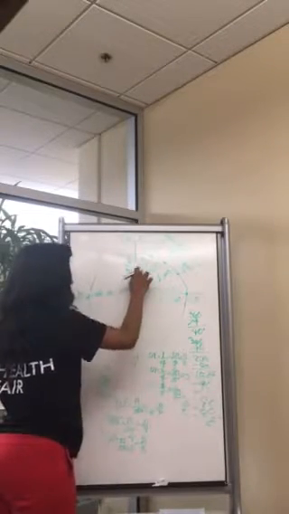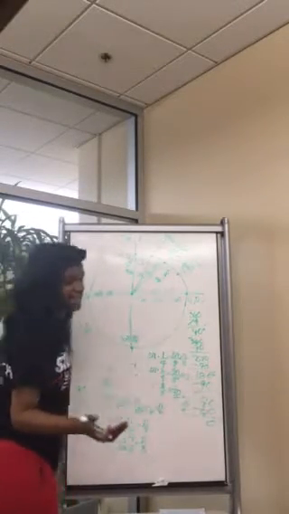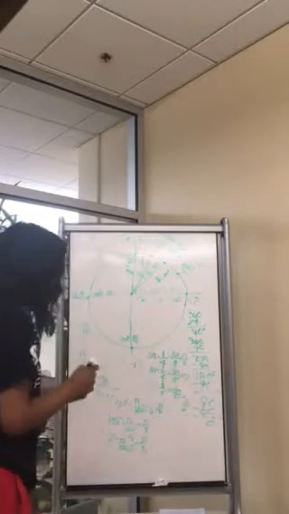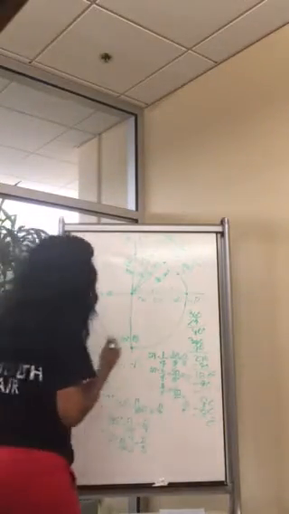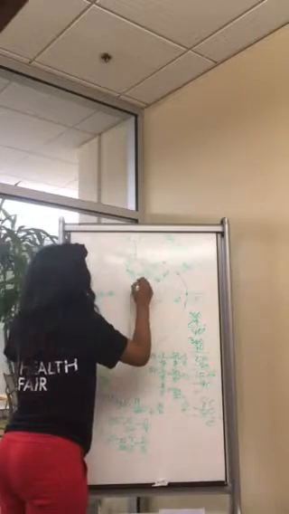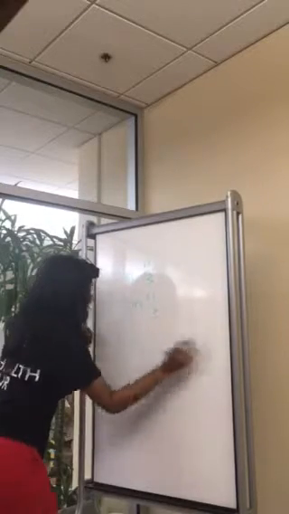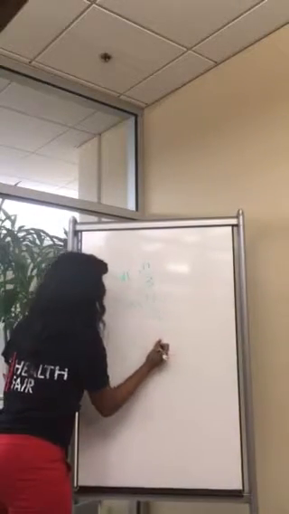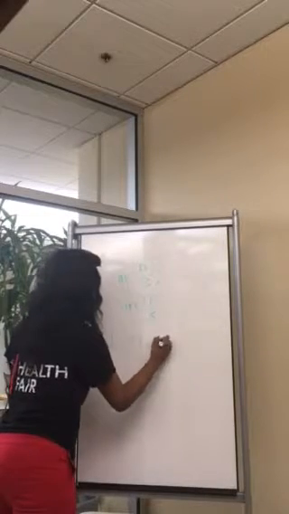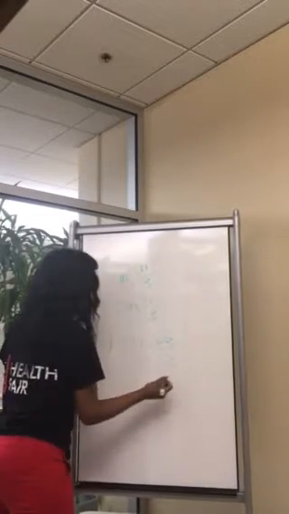We will look on our unit circle for pi over 3 and look for sine. Sine is equal to y. So at pi over 3, y is square root of 3 over 2. So negative sine equals square root of 3 over 2.